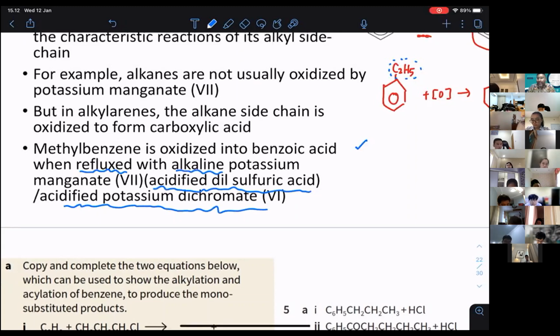Basically they can be refluxed with potassium manganate, but normally we say acidified potassium manganate. I think you need alkaline condition also.